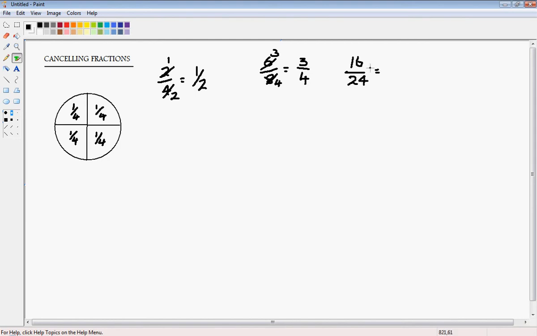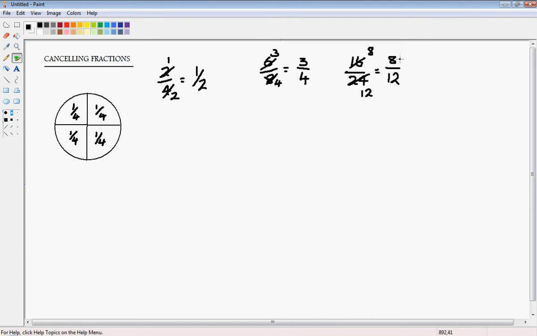But supposing you couldn't see that, well, if you just look at the numbers, both numbers are even. If they're both even, they can both be divided by 2. So we can just divide by 2. So 2 into 16 goes 8, and 2's into 24 goes 12. So I'm left with 8/12.